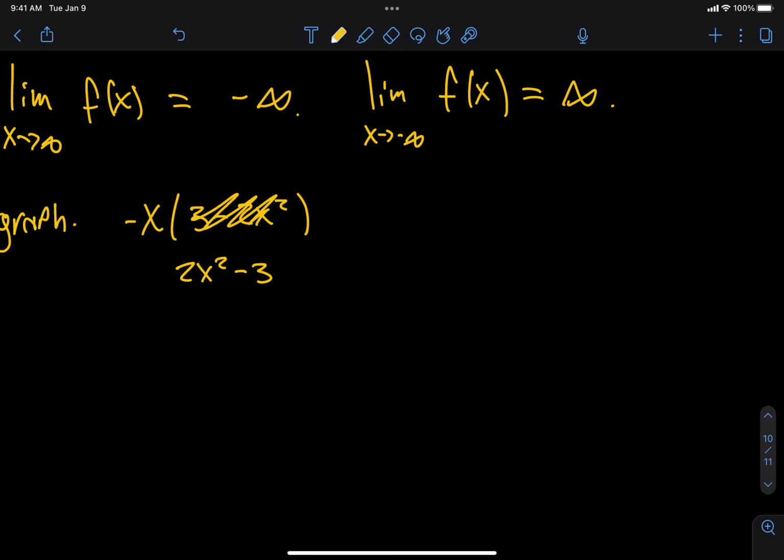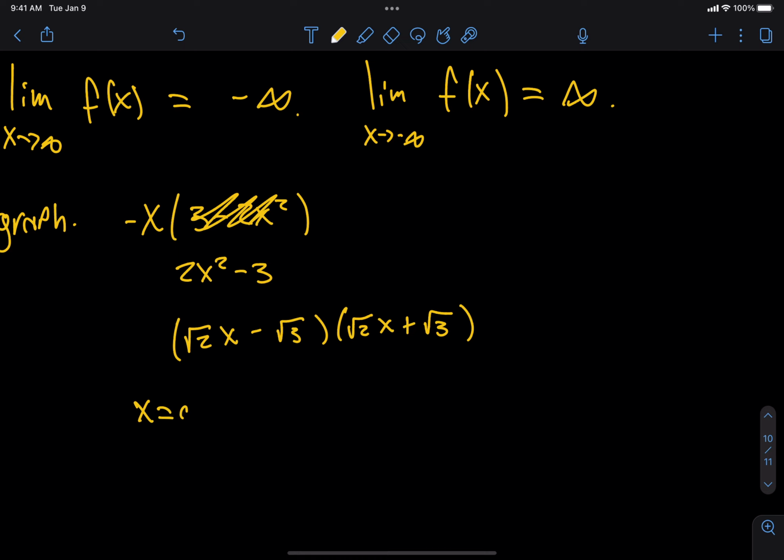We get square root 2x minus square root 3, and then square root 2x plus square root 3. So the zeros are x equals 0, x equals square root of 2/3, and x equals negative square root of 2/3.